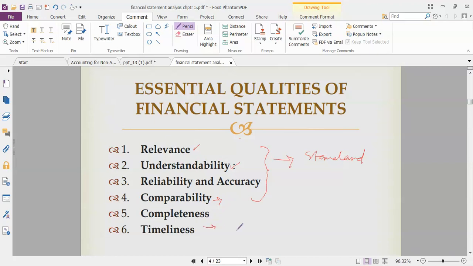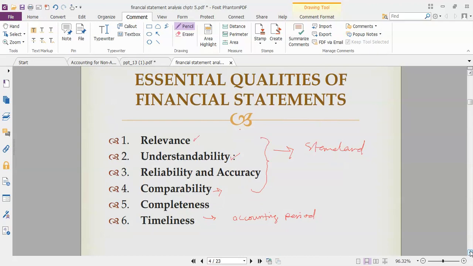There is the timeliness. Financial statements we prepare on the accounting period. Each company will have their own accounting period. At the end of the accounting period, the company should prepare the financial statement and then publish it on their website to the public, and also submit to the Suruhanjaya Syarikat Malaysia, we call it CCM.